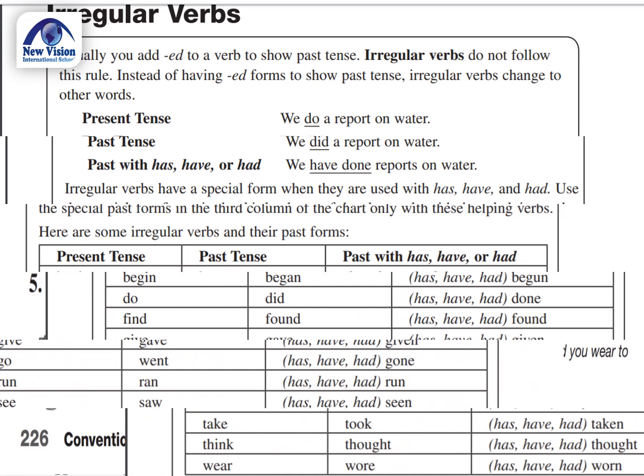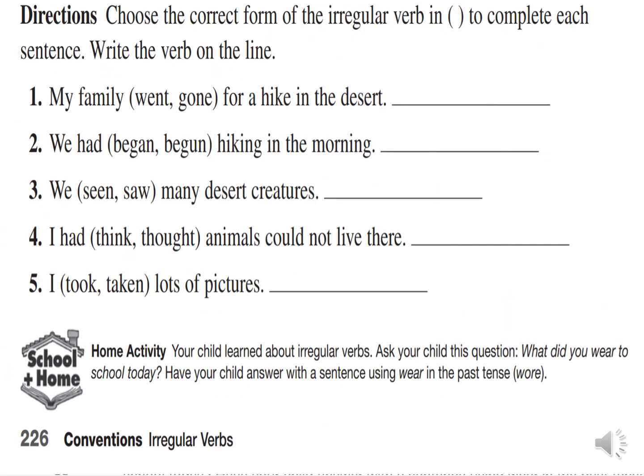Now, let's do the directions. Choose the correct form of irregular verbs in brackets to complete each sentence. Write the verb on the line. 1. My family went or gone for a hike in the desert. 2. We had began or begun hiking in the morning. 3.